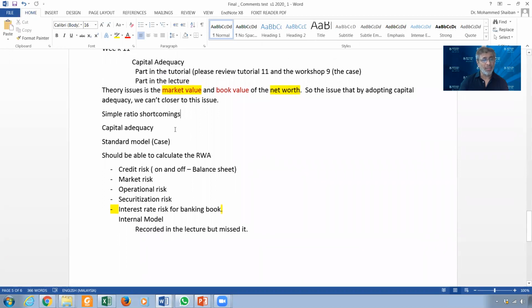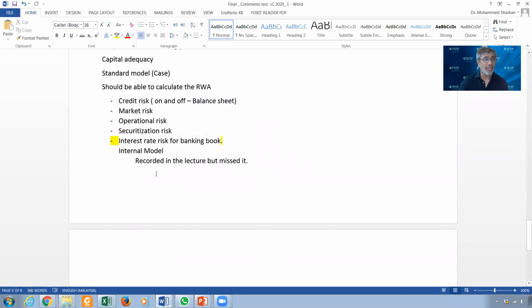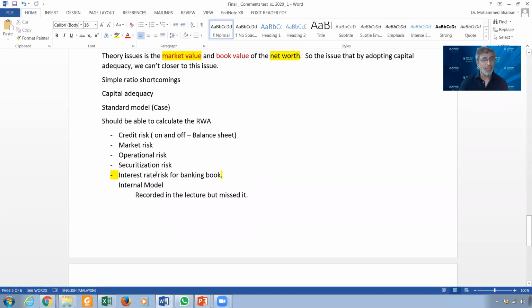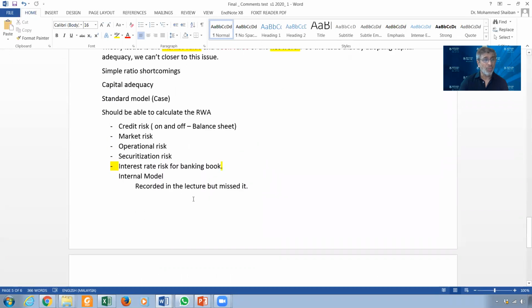We are interested in the standardized model and standardized approach. We are not really interested in the internal model, so don't worry about it. You don't have to worry about the internal model for the next test.